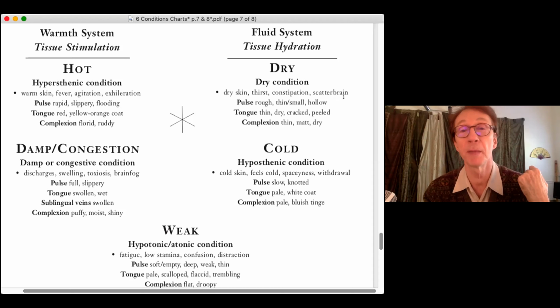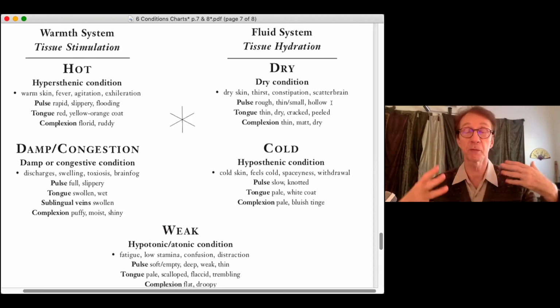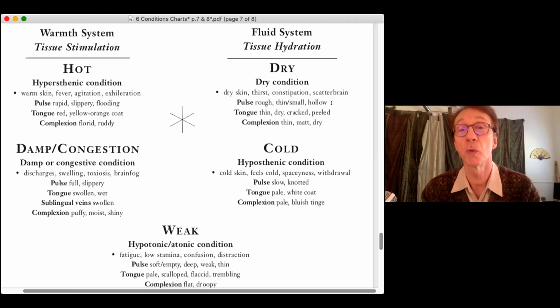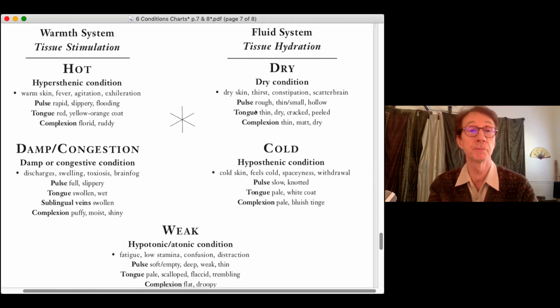Think of dryness mentally like dust in the desert, right? Dust or sand in the desert that a wind comes along and blows up. That's what the thinking is like. And emotionally too, we see emotional dryness as well.